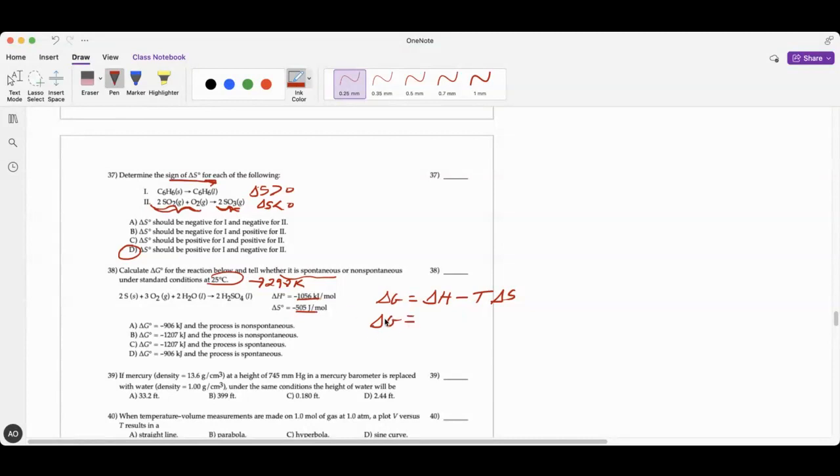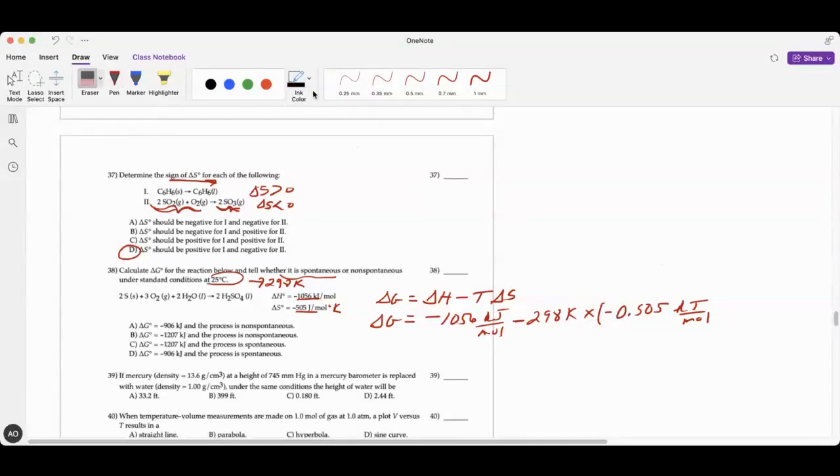So delta G is delta H, that's a negative 1056 kilojoules per mole, minus 298 Kelvin times a negative 0.505 kilojoules per mole. That should be joules per mole Kelvin.